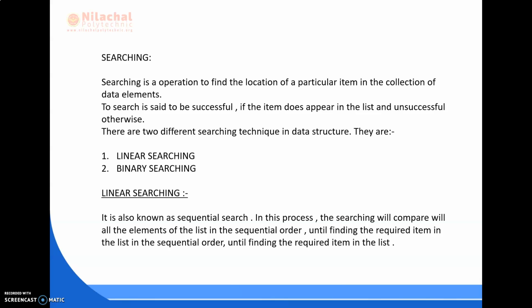That is, the item we are searching for will be compared with all the elements in the list one by one, in sequential order, until we find the required item in the list.